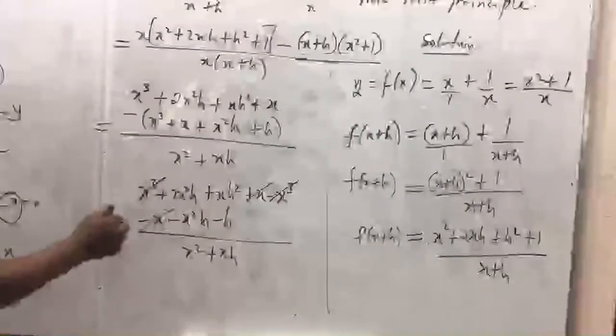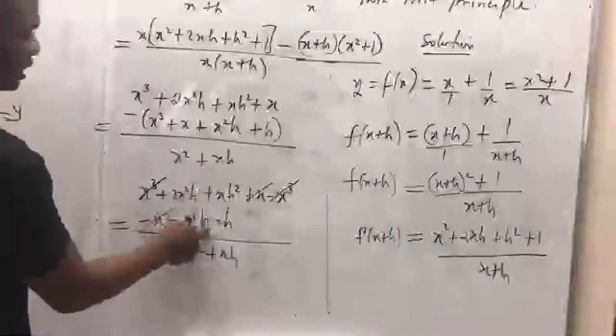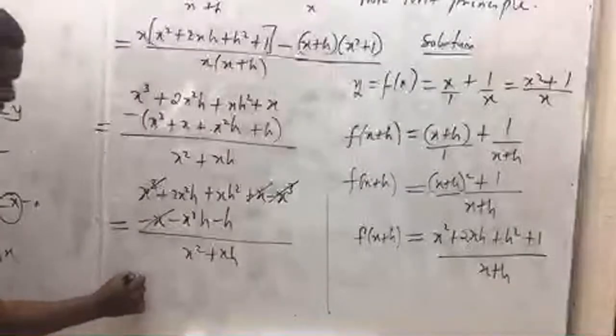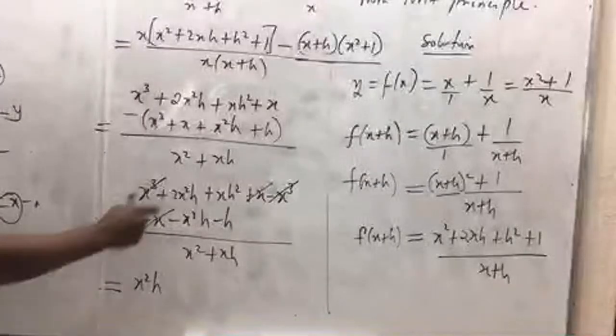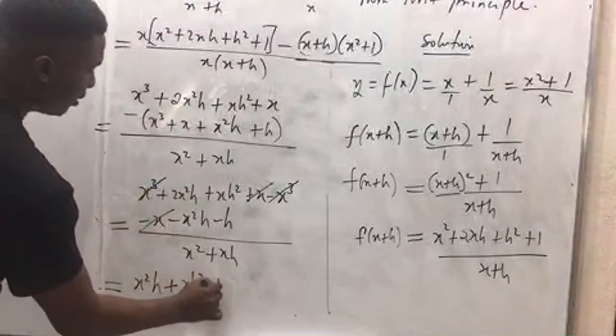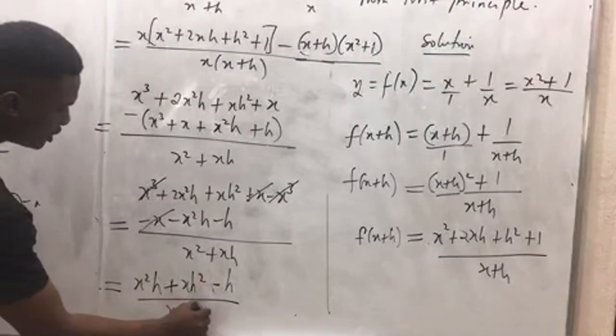So we are left with 2x squared h plus x squared minus x squared h. Now 2x squared h minus x squared h will give you x squared h. And I will bring this x h squared minus h all over x squared plus xh.